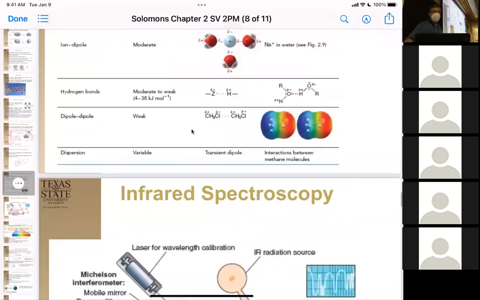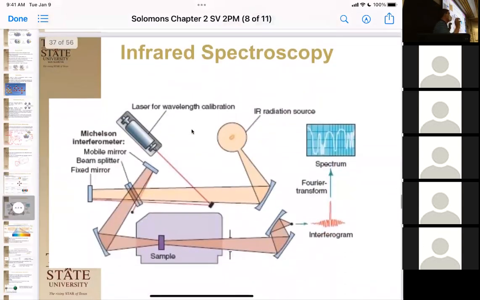Okay, so when we looked at our different functional groups, we talked about different bond types, carbon, oxygen, hydrogen, and the different bond types. Now I want to use infrared spectroscopy to show you that these bonds do exist, and these types of bonds are found in different types of functional groups.